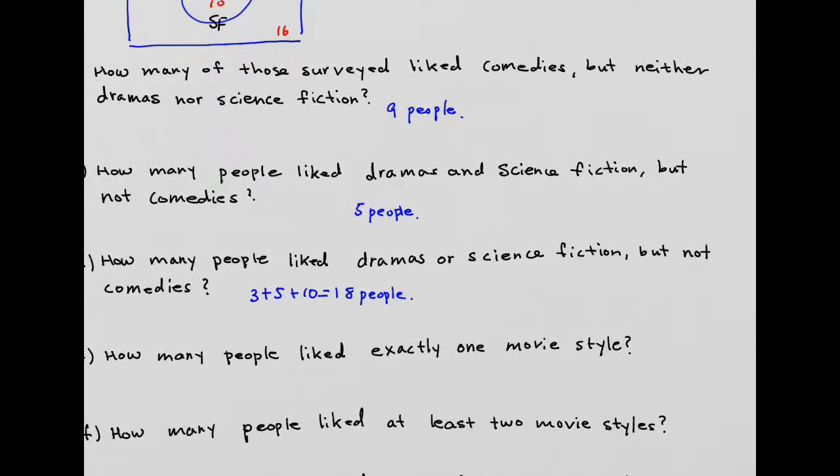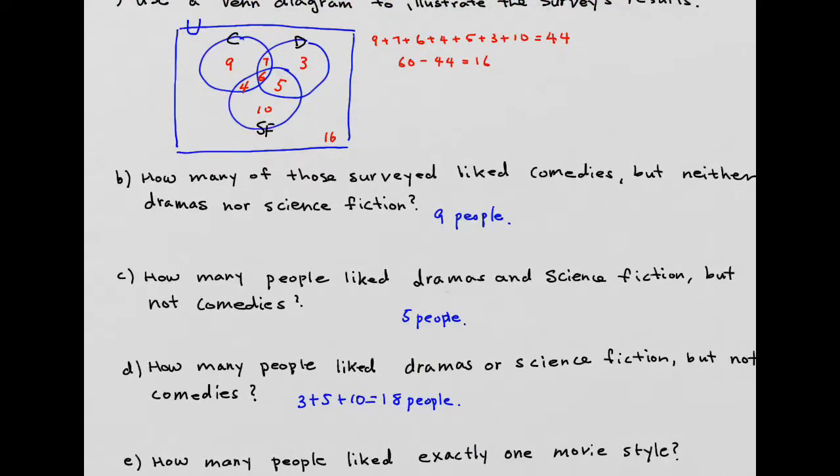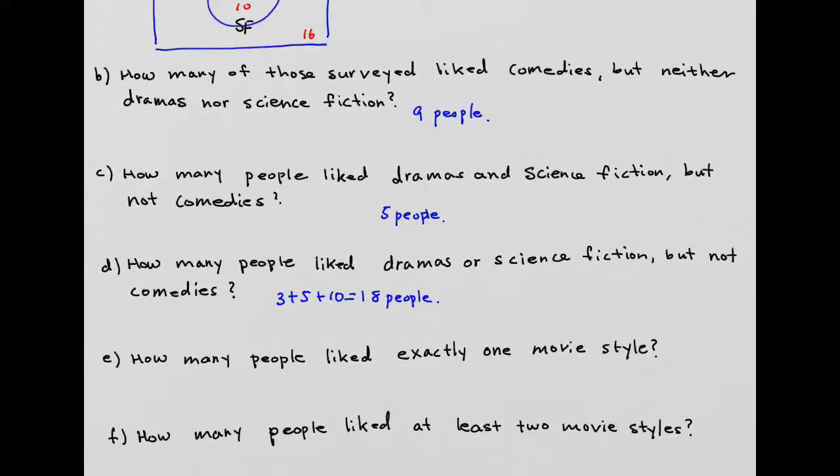How many people like exactly one movie style only? One movie style, you're going to have these numbers, because this is the overlapping area and this is just the one movie. The people who like only comedy, only drama, and only science fiction. So you're going to add 9, 3, and 10, which is 22 people.